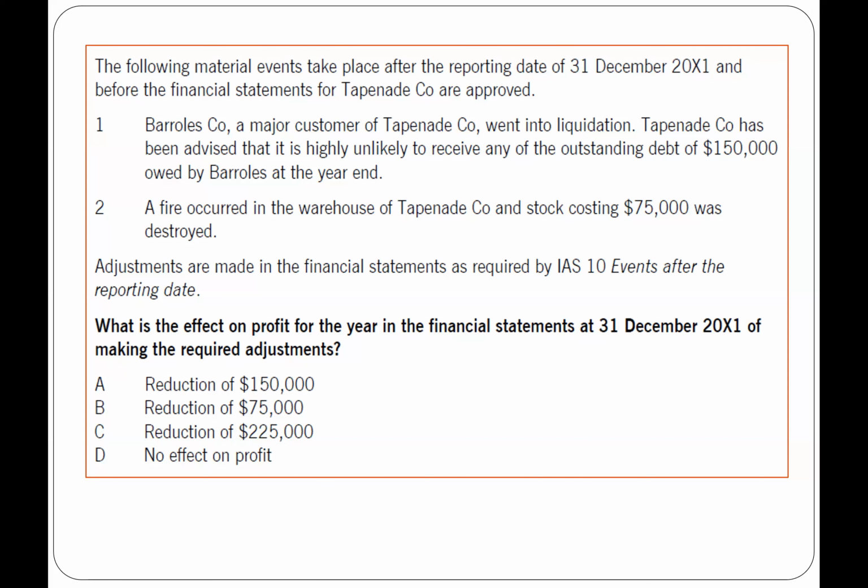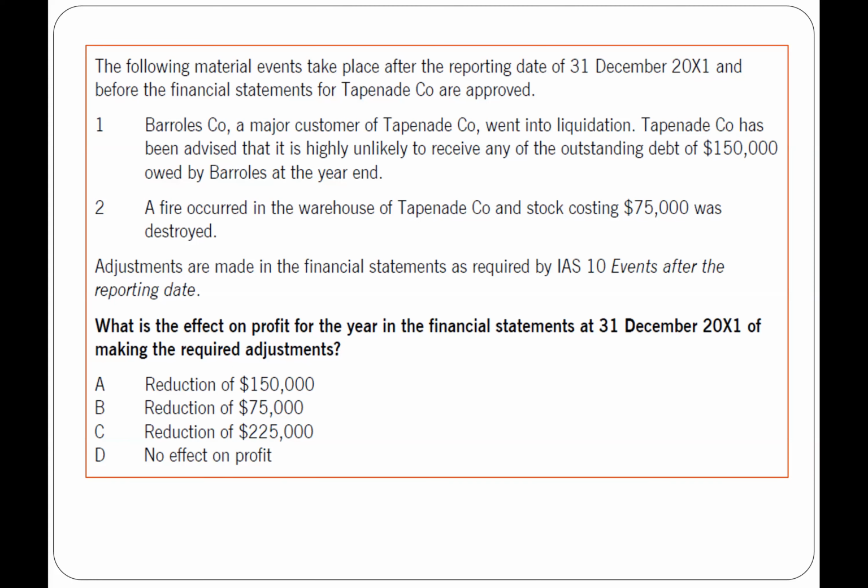That's the first part. The second part is saying a fire occurred in the warehouse of Tapenet Company and the stock costing 75,000 was destroyed. Now, the fire occurred after the year end because we were told that these two happened after the year end.